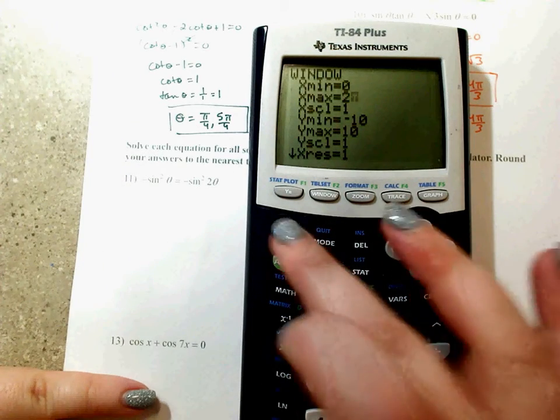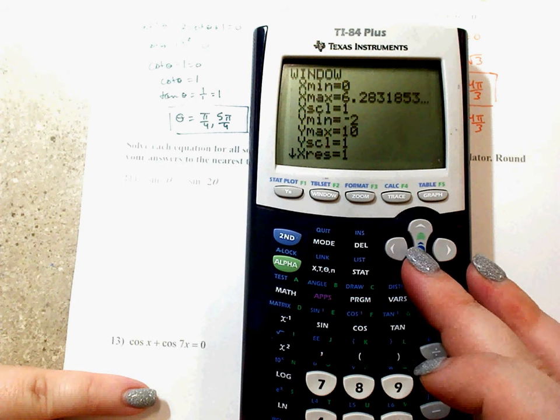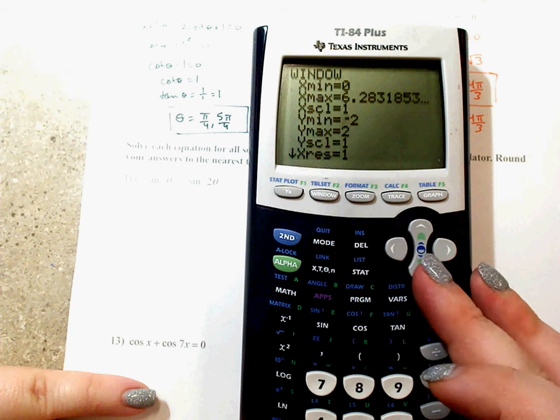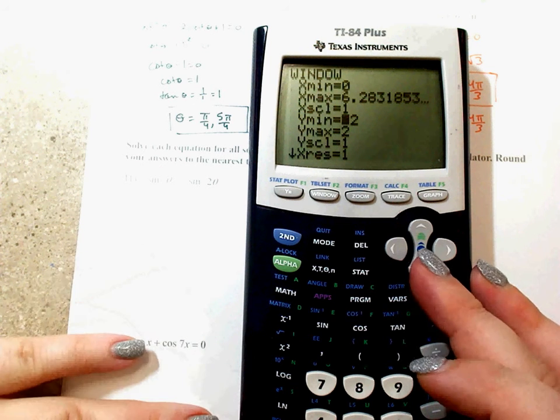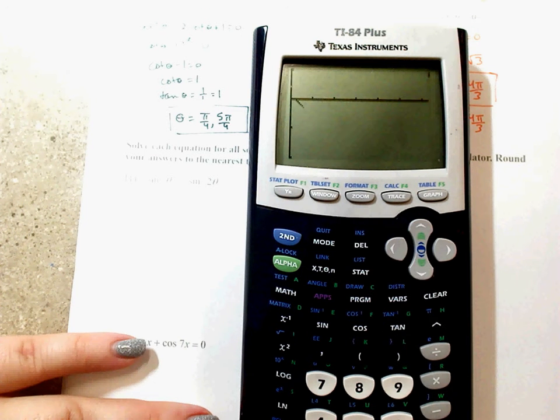And you never need to go very high or low on these. They're both negative, so there we go. Okay, so I'm supposed to find all the intersections when these two functions equal each other.